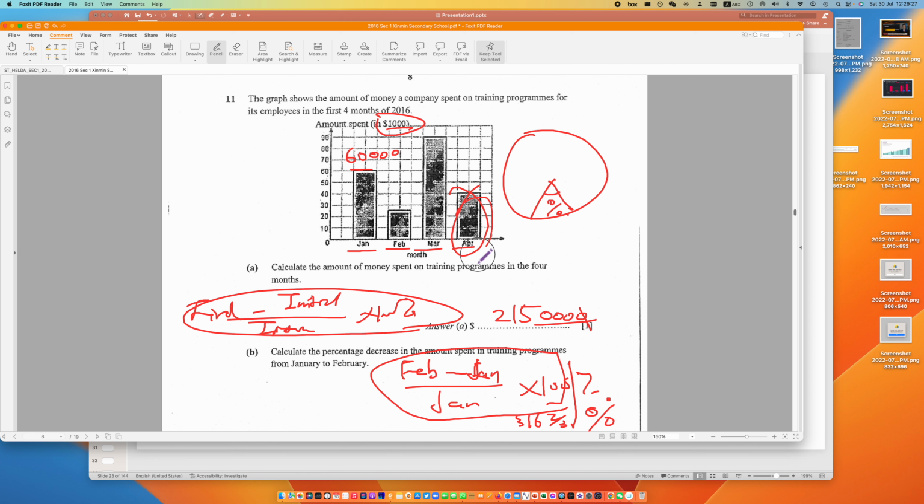You just find out the fraction first, April over total. 8, 4, 3. 8 over 43. So basically, one round is how much? 360. 8 over 43 of one round. That will be the angle.